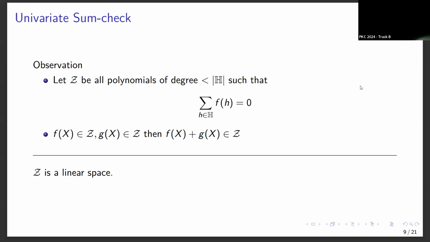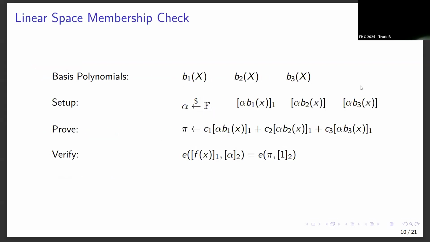So the sum check is actually equivalent to a linear space membership check. And as we all know, every linear space has a basis. So, given the basis, the membership is equivalent to f(x) being representable as a linear combination of the basis polynomials.